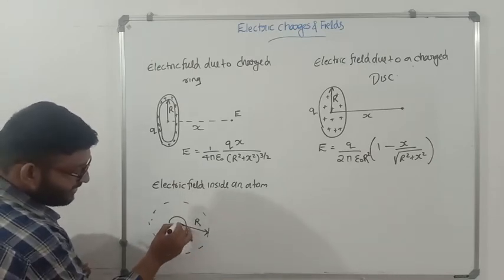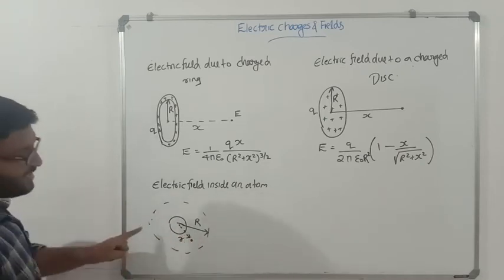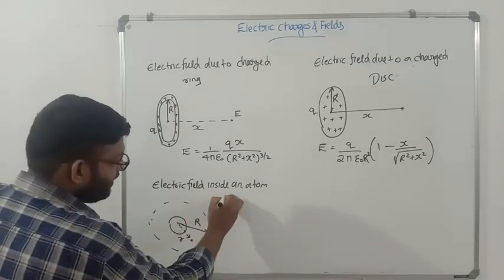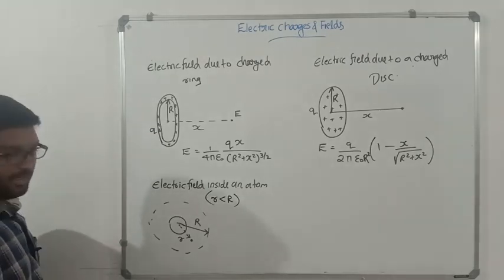From the nucleus to that point, distance is small r. Radius of the atom is capital R. The distance where you have to find electric field is small r. Small r is less than capital R.